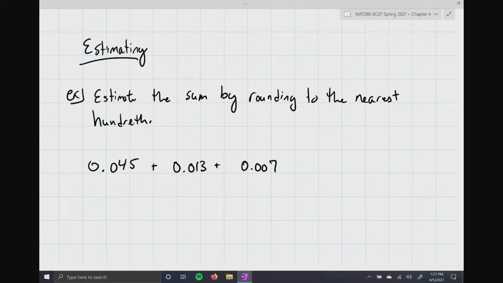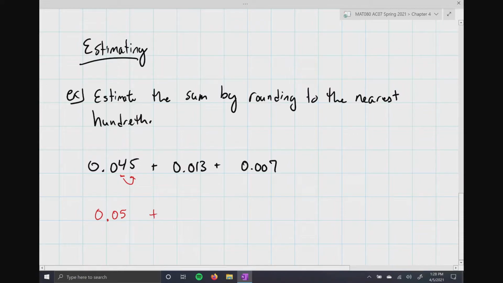All right. So like I said, you're estimating the sum by rounding to the nearest hundredth. So what we're going to do is we're going to round each decimal to the nearest hundredth and then just add everything up. It's that easy. So remember, when you round, underline the place value, look to the right. So 0.045 estimated turns into 0.05.